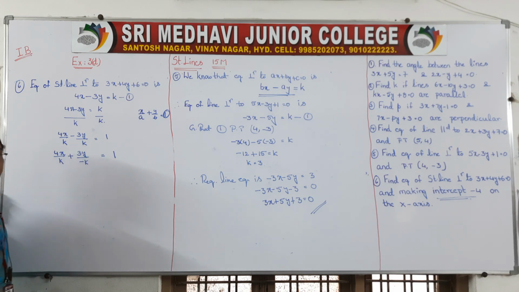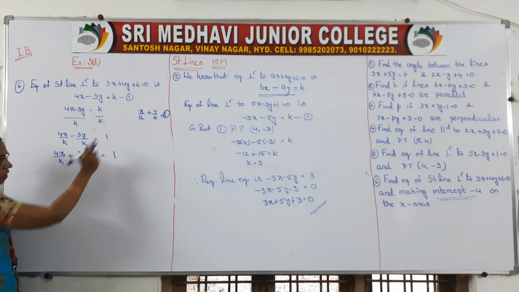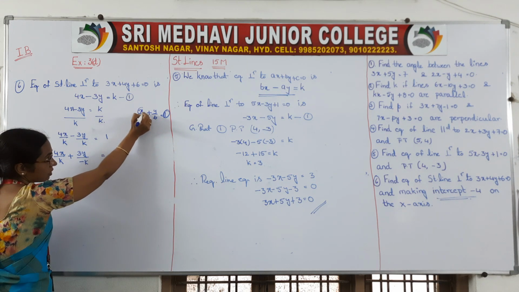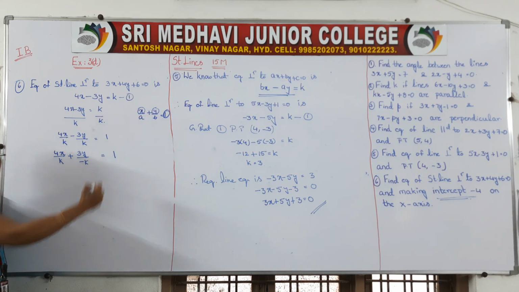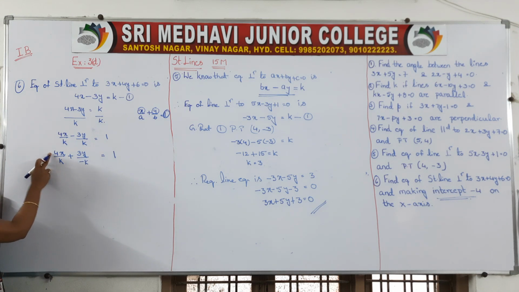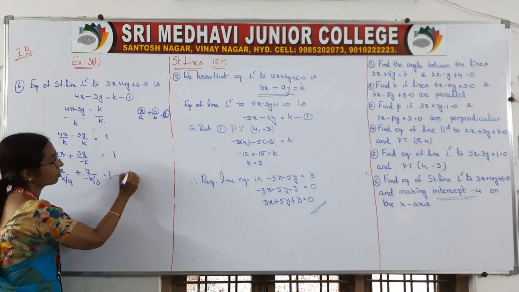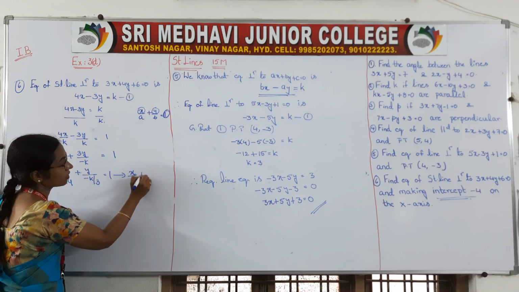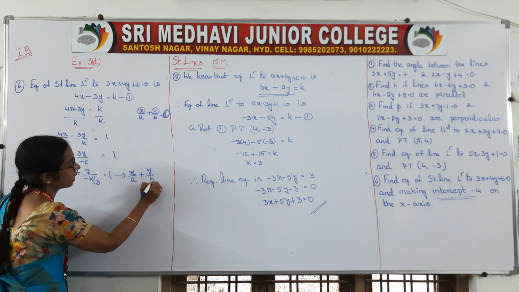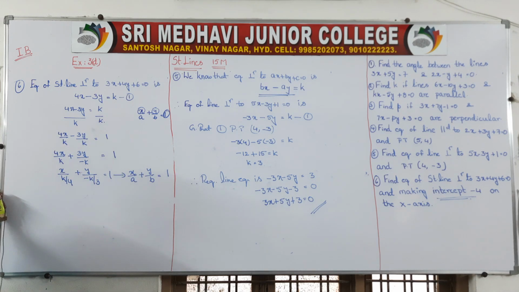Again observe, to get into this form, here only x should be there and here only y should be there, but we have 4 and 3 here. So send them downwards: x by k by 4 plus y by minus k by 3 is equal to 1.